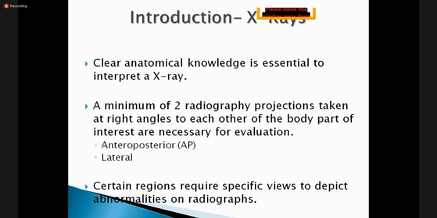This is mandatory for the skeletal review or any comment on the bone. We need at least two views, most commonly the AP and the lateral.